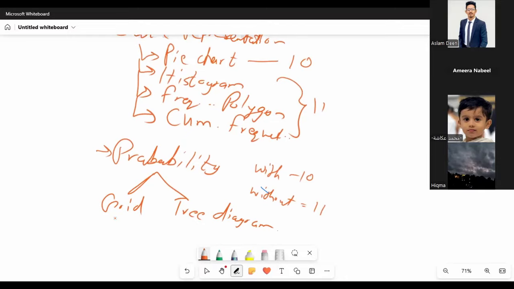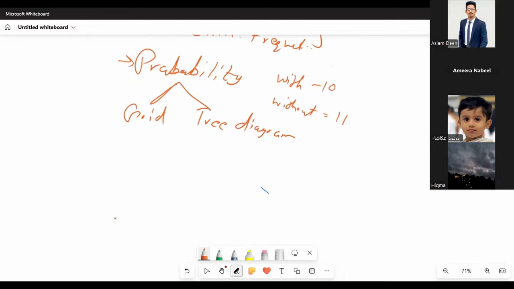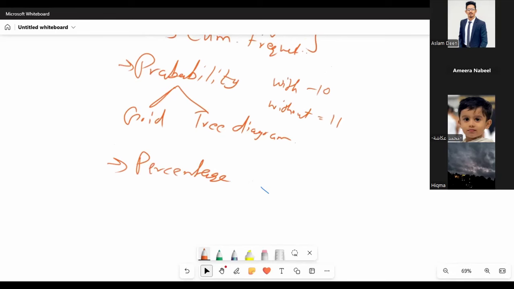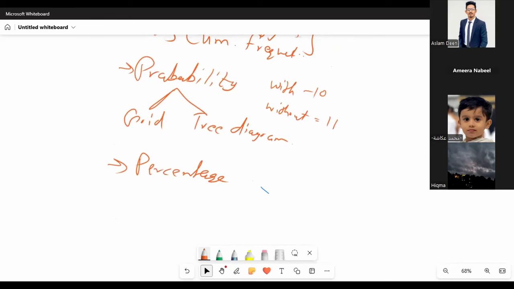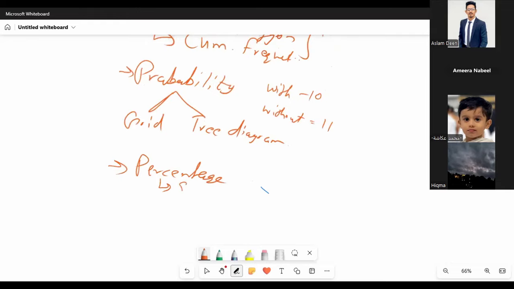And then the final question is going to be from percentage. All right. So under percentage, actually, we have five subparts. We have simple interest. We have compound interest.